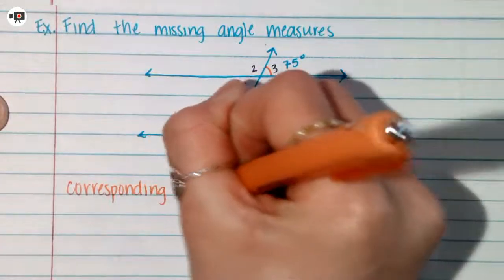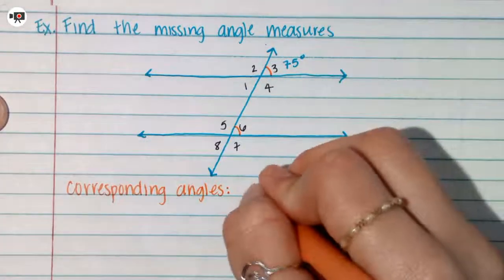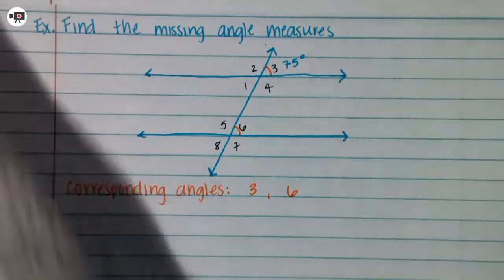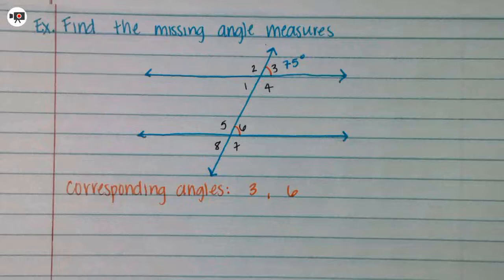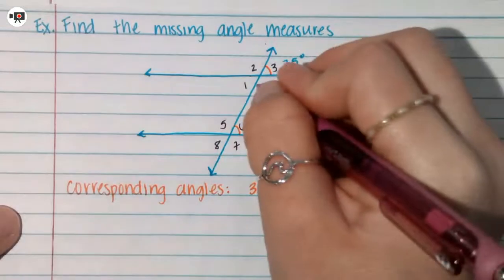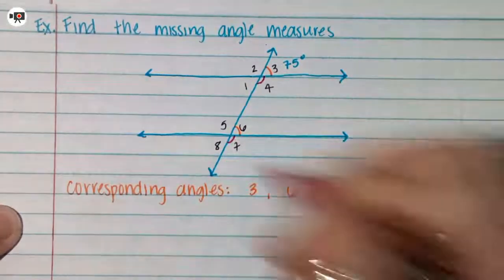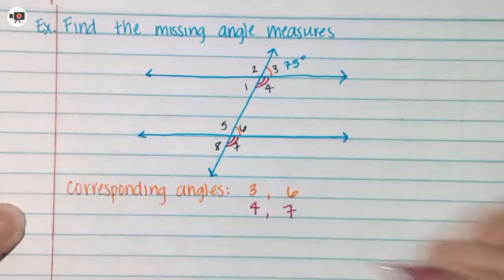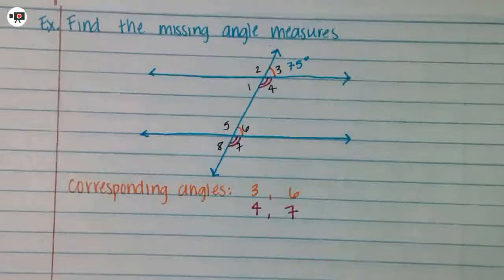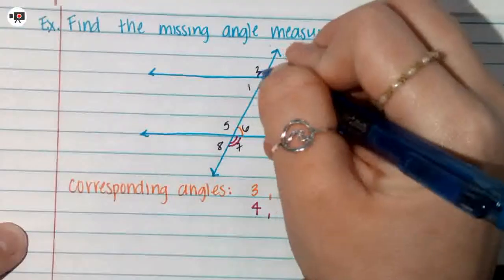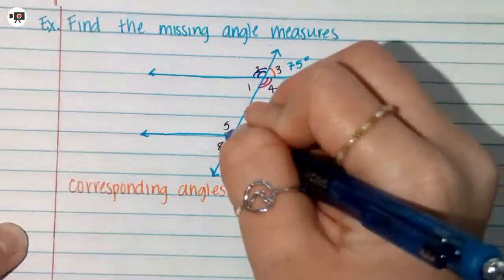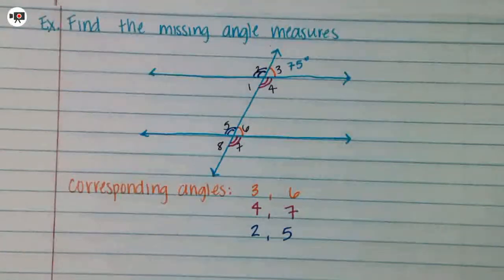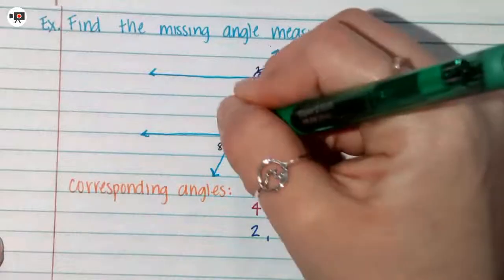Corresponding angles: 3 corresponds to 6, 4 corresponds to 7, 2 corresponds to 5, and 1 corresponds to 8.